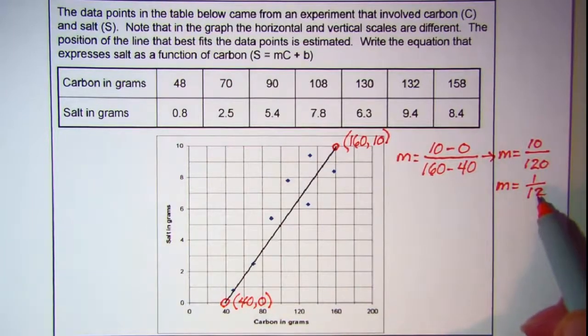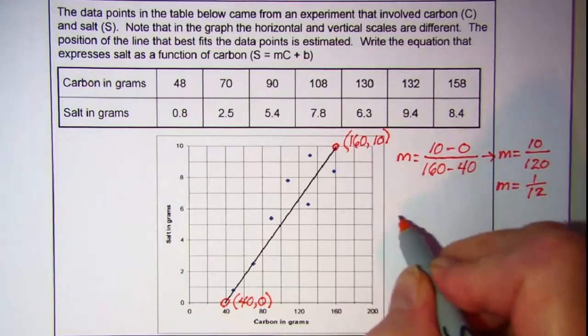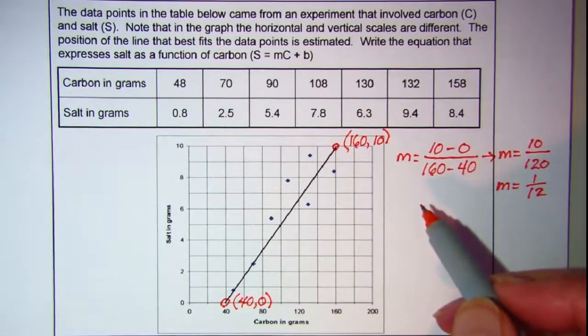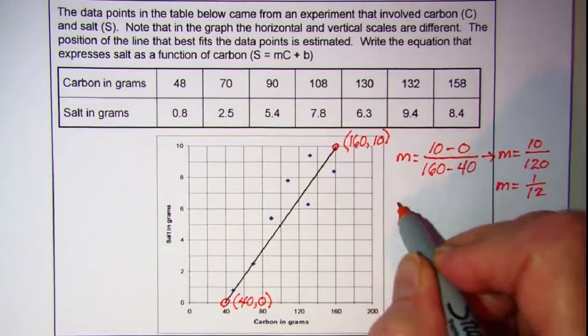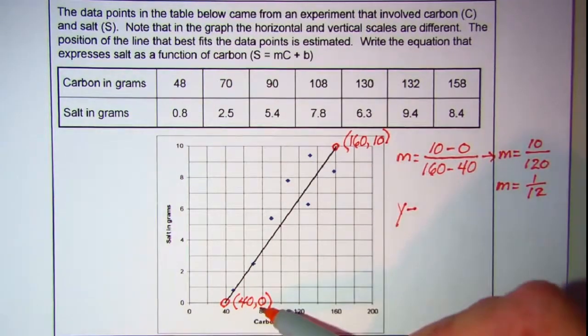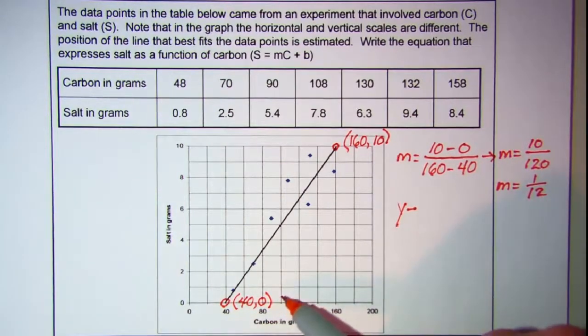Once we have our slope, then we can use the point-slope form of the equation to get the equation. That point slope form is y minus y1 equals m times x minus x1. So I have y minus, and we can use either of these points. Let's use this one since it has a 0 in it.